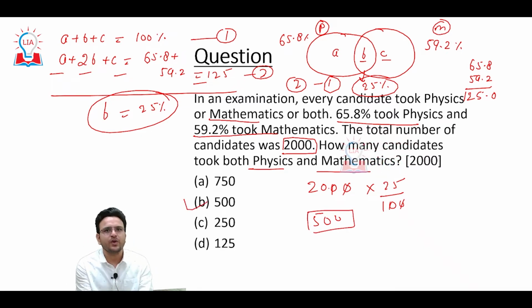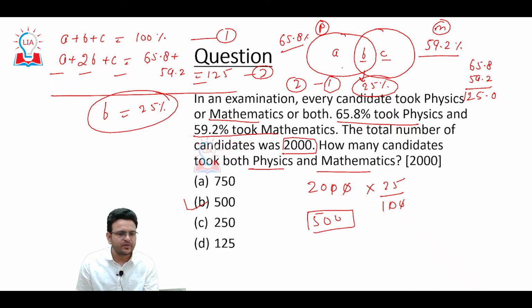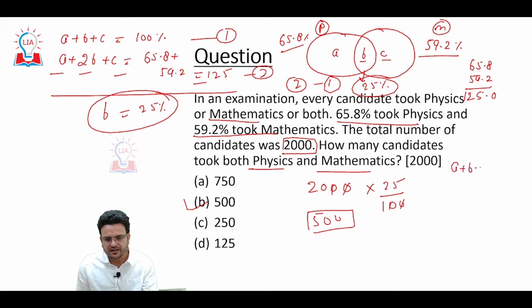So hope you are able to understand this particular question. The only thing is you have to know how I made these two equations. Some of the students have taken physics, some have taken math, and some have taken both subjects. We know that the total students will be 100%, so A plus B plus C will be 100%. The students who have taken physics, A plus B, is 65.8, and B plus C equals 59.2.